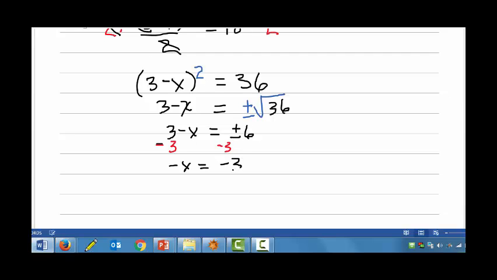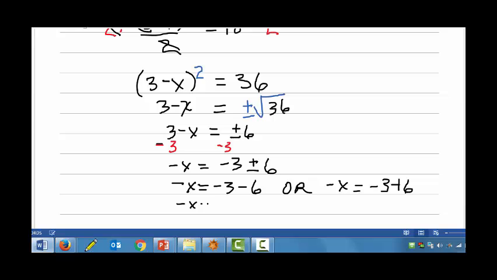So minus 3 plus or minus 6. So negative x is minus 3 minus 6, or negative x is minus 3 plus 6. So negative x is minus 9. If I multiply both sides by negative 1, I get x equals 9. Or minus x is 3. Multiplying both sides by negative 1, x is minus 3. So x is either 9 or minus 3.